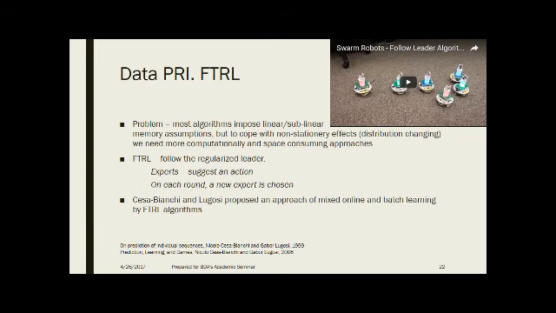And we should somehow reflect this situation. And in the work of Cesa-Bianchi and Lugosi, called Prediction, Learning, and Games, they proposed an approach of mixed online and batch learning by FTRL algorithms. FTRL is the follow the regularized leader algorithm.